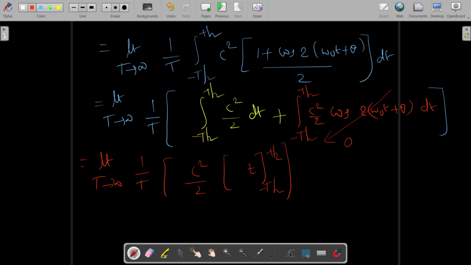So if you substitute the limits, this leads to limit t tends to infinity 1 by t times c squared by 2 times capital T. So t gets cancelled, and the overall final answer is c squared by 2. This is the power we got for this particular question. So let us go to the next page.